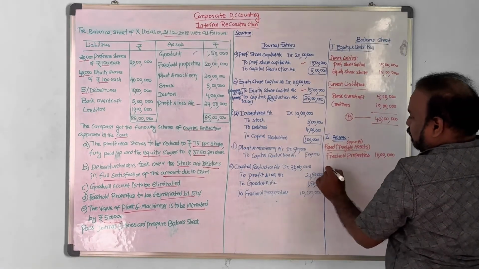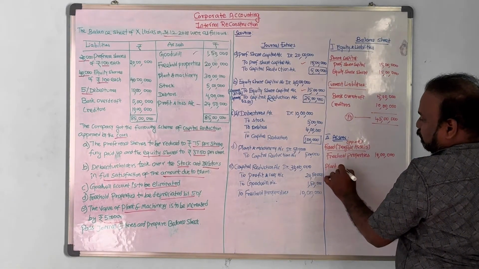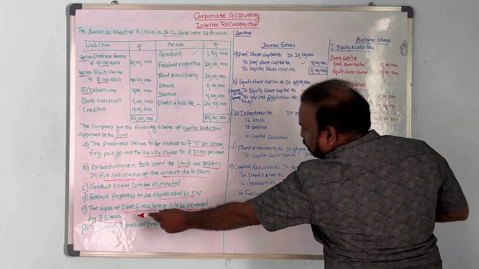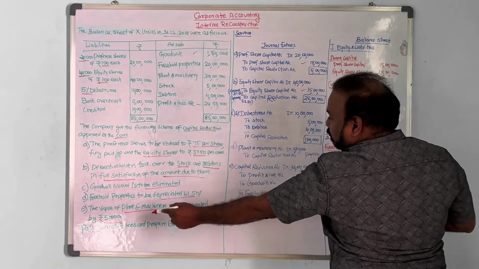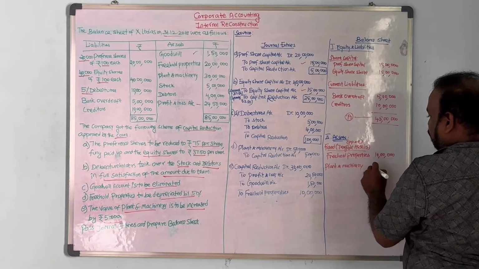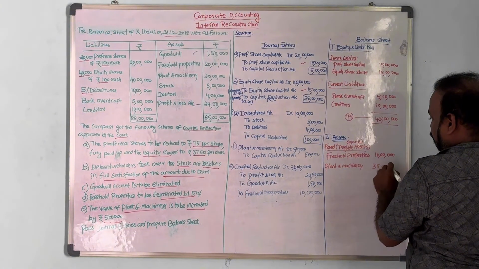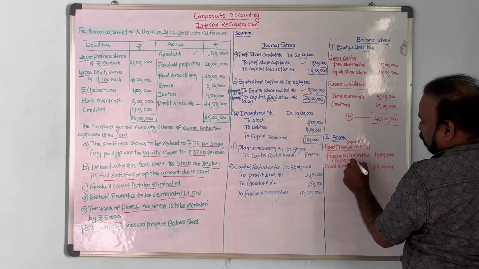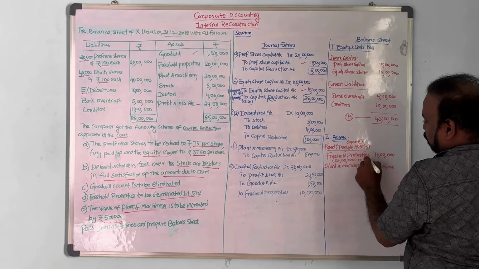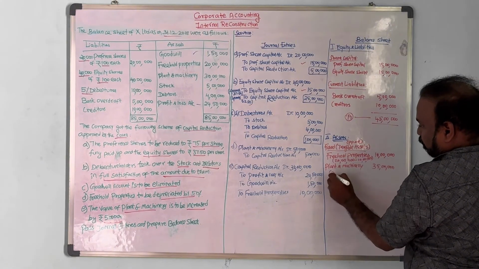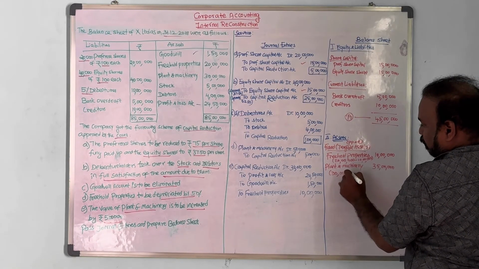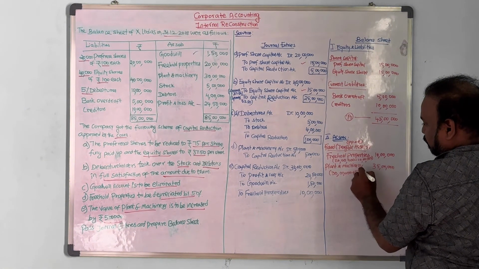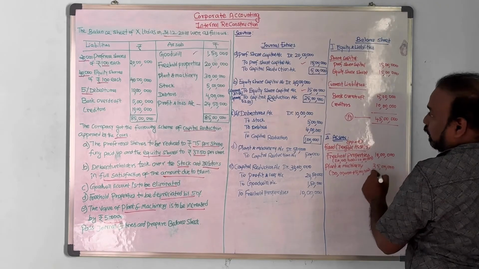Then plant and machinery is increased by 5 lakh, adjustment E, so 30 lakh plus 5, 35 lakh.